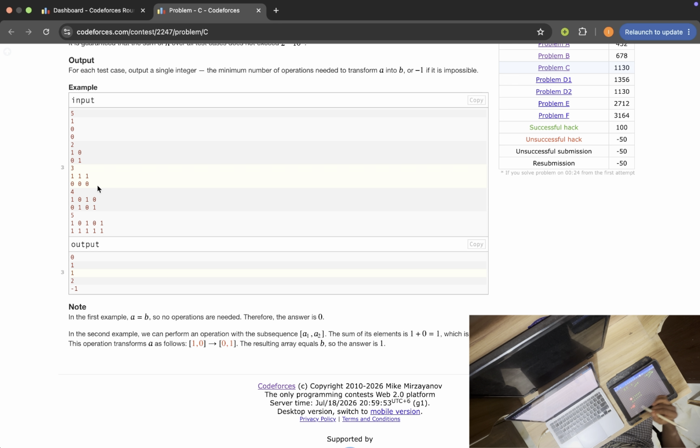It's possible. All 0 is always possible. All 1 is not always possible.